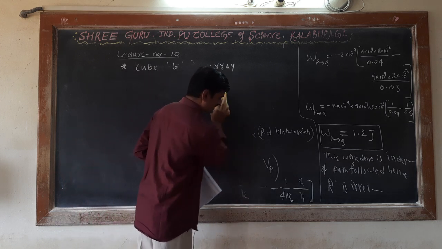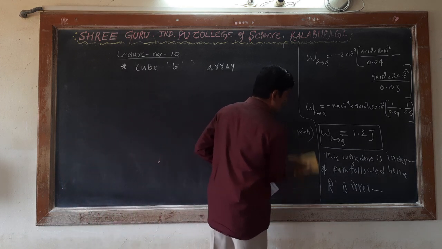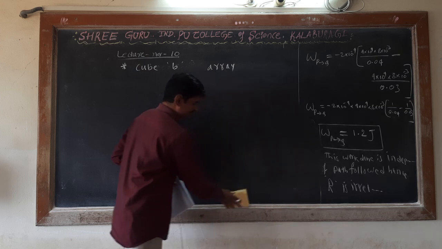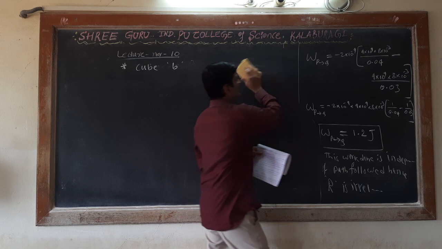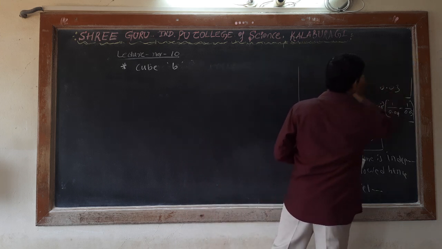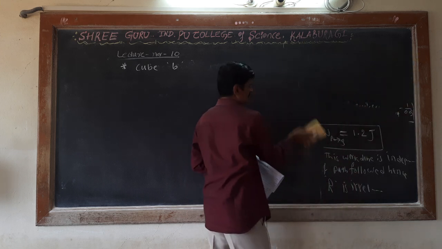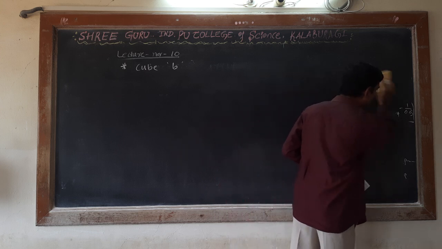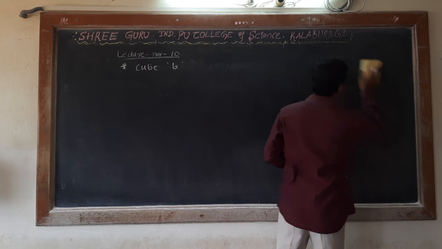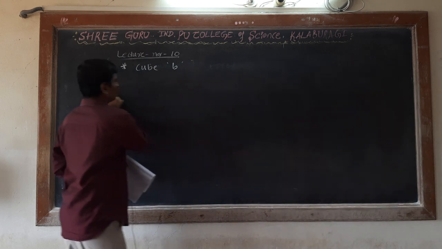So read the question and understand the question before solving it. Before solving any physics numerical, first try to understand the question. Once you understand the question, then you can think about the solution. Okay.